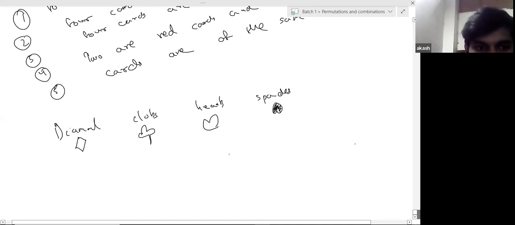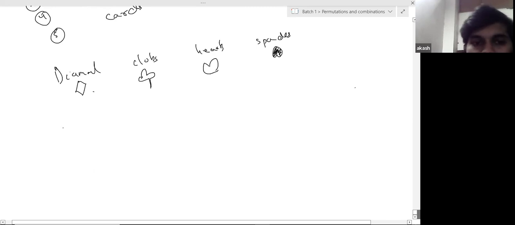So of the 52 cards, every suit has 13 cards: A, then 2, 3, 4, 5, 6, 7, like this, 10, then J, K, and Q. Each suit has these numbers, right? There is no 1 but A.